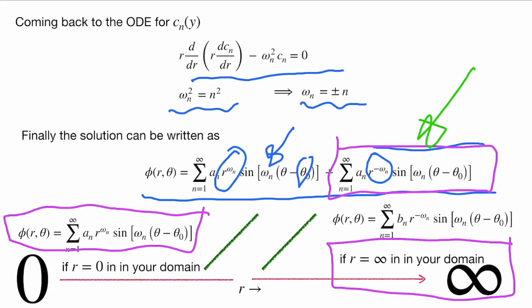Here the solution would go to 0 as r tends to infinity. So one has to be careful. One cannot have a clean solution when both 0 and infinity are there. Somehow one has to restrict oneself to study the region close to 0 or the region close to infinity, so that this Laplace equation can be expressed in terms of a series solution.